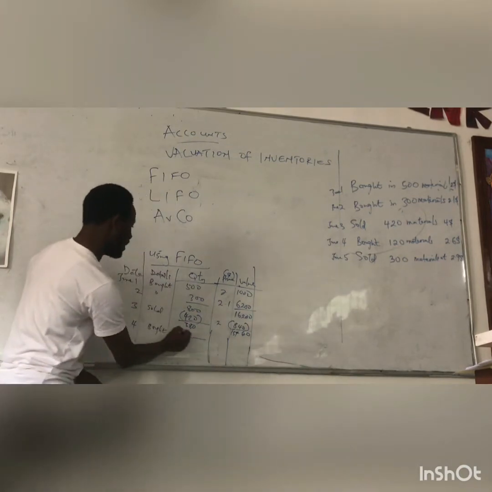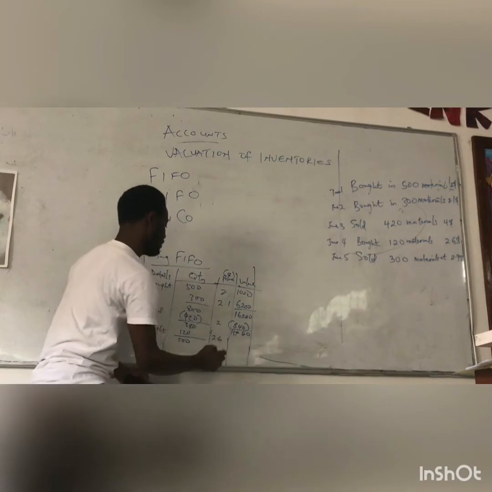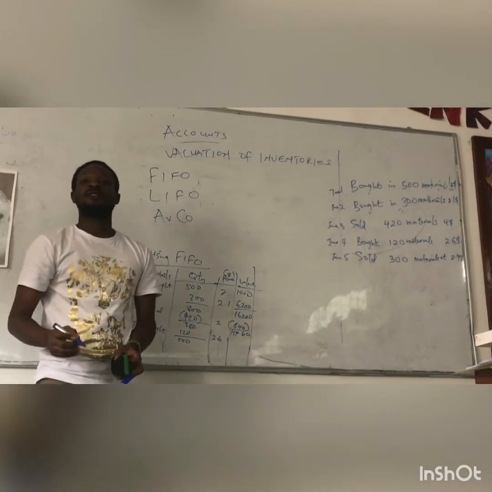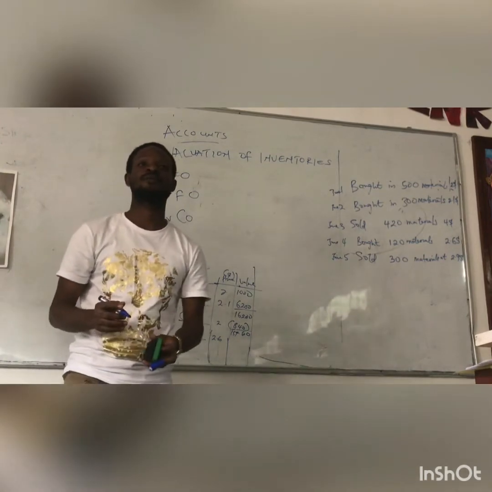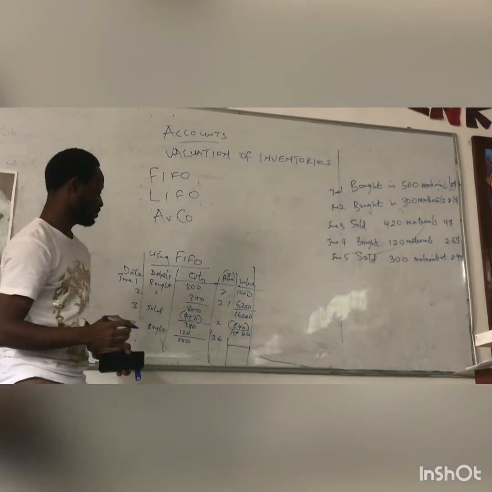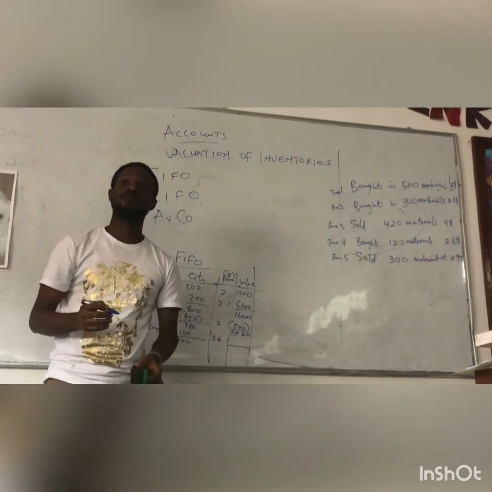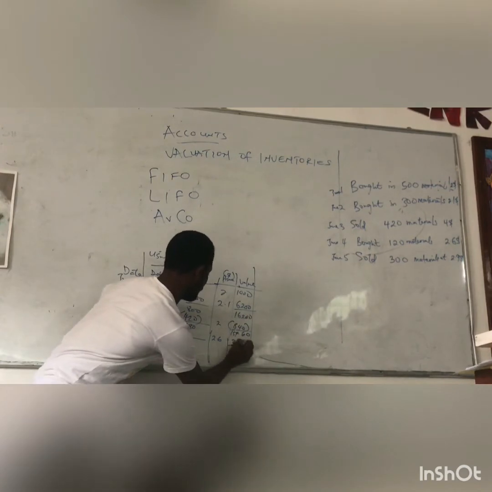Then bought in at how much? At 2.6. So 2.6 times 120 is 312.